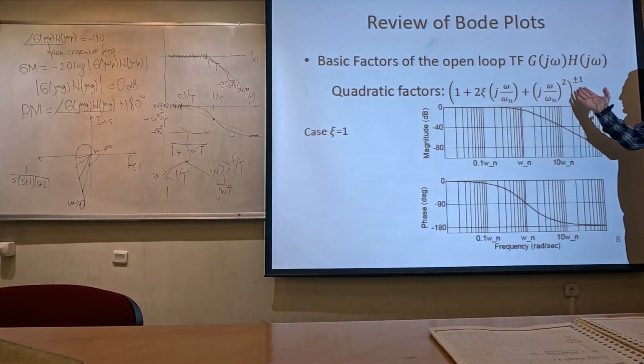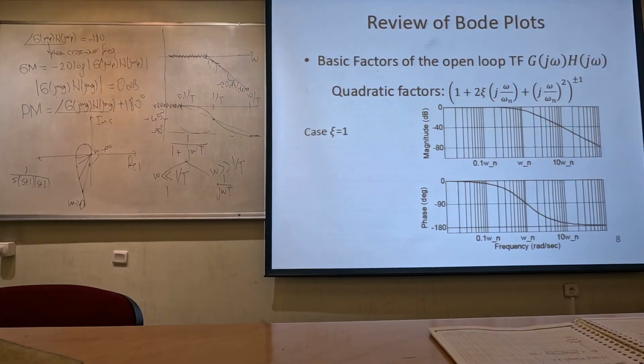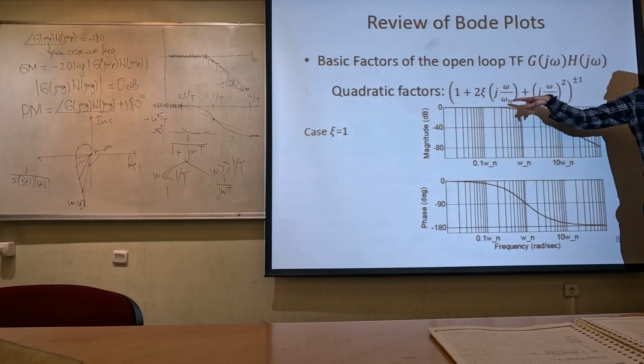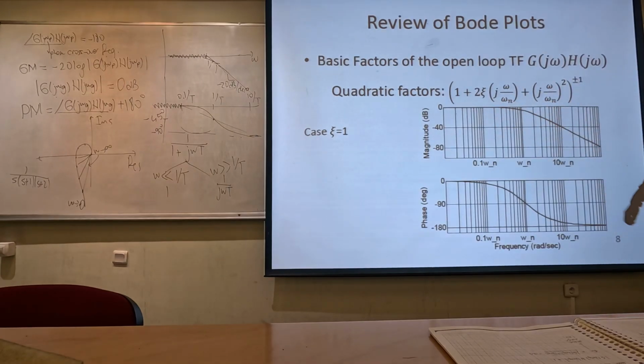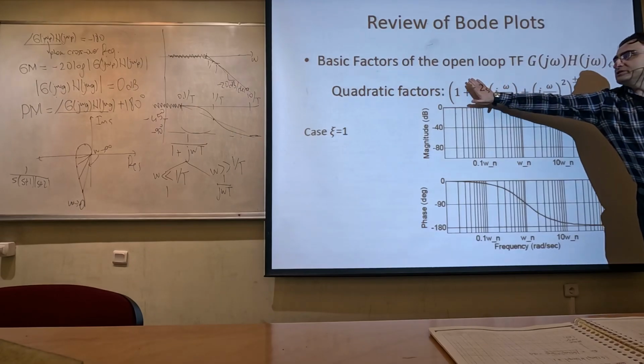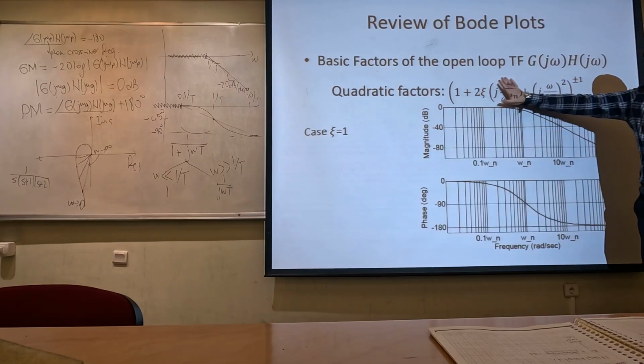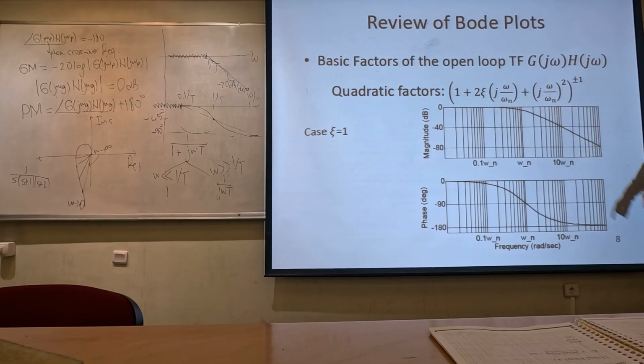So if you have such factors, this is again a quadratic factor in Bode form. If omega is very small in this case, again you have the magnitude 0, and if omega is very large, you would forget about these terms. Okay, and then what do you have here? It is going to be just omega over omega n squared. In that case, again, we're going to have a j omega to the power like term, and what is going to be the slope in this case?